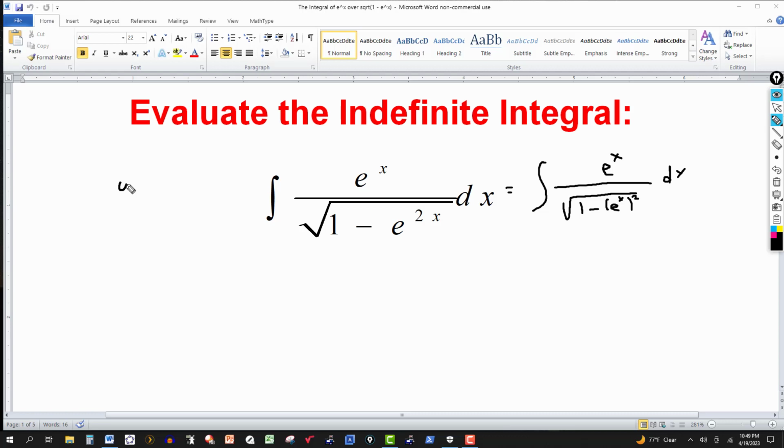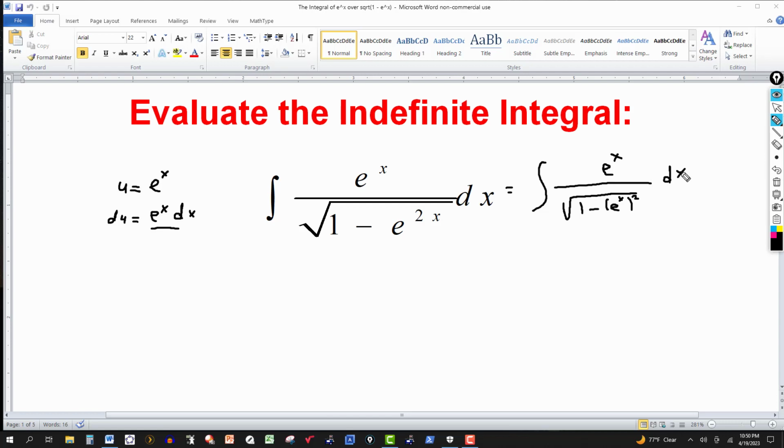I'm going to let u equal e to the x. Then du will equal e to the x dx. And then we just make the substitution. I'm just going to look at it this way. E to the x dx is there, and in the numerator I have e to the x dx.